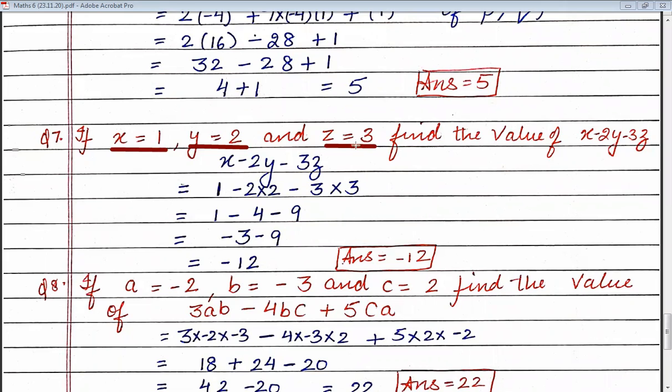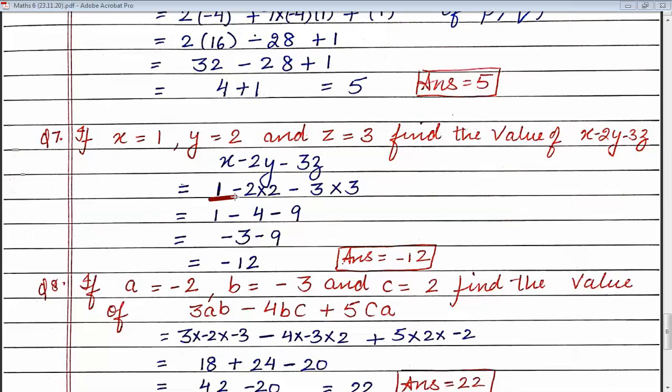So now children, which method are we going to use here to find the value of this expression? The method which we are going to use here is the substitution method. So let us start the substitution method here. x minus 2y minus 3z. Let us substitute the value of x.